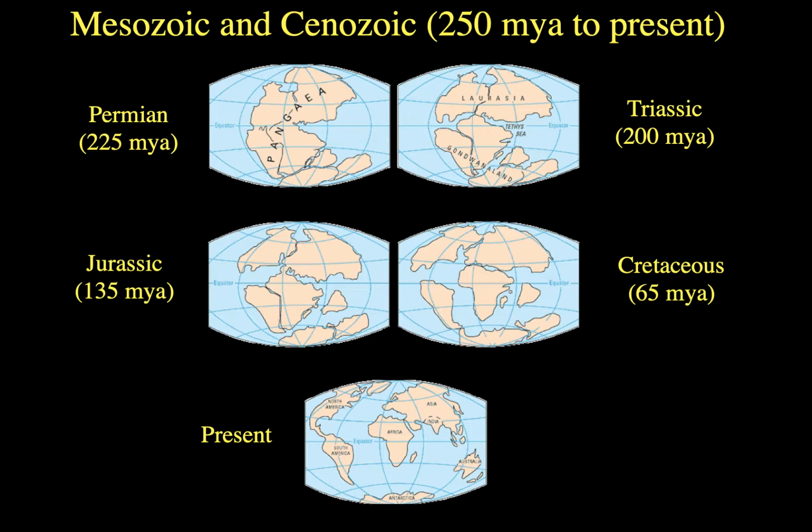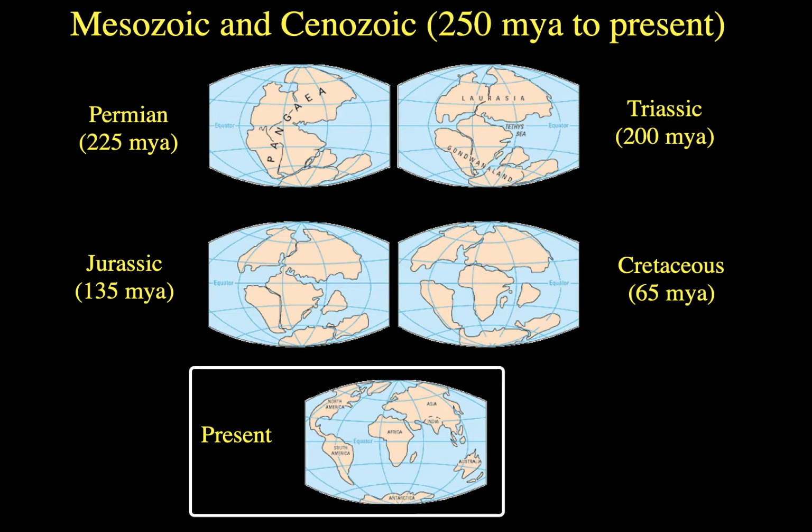Once they started breaking up in the Cretaceous, then they could no longer move from continent to continent unless they could swim. And so now you start getting localization of organisms from one continent to the other, and then presently you have a situation like this.